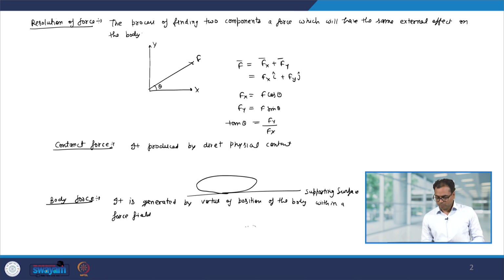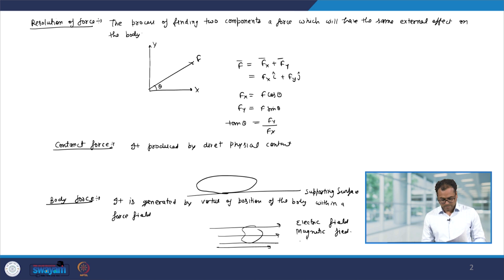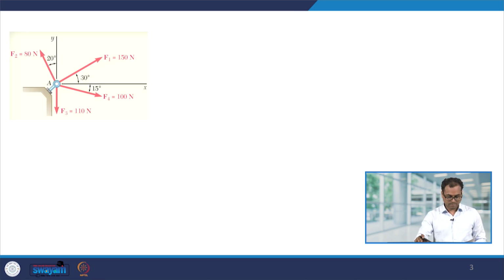For example, you put a body in an electromagnetic field, then the body will experience a force, and in this case it will be a body force. So, you can have an electric field, magnetic field, or the gravitational field. The forces which are generated by the field, and you place a body, then it will experience the body force.